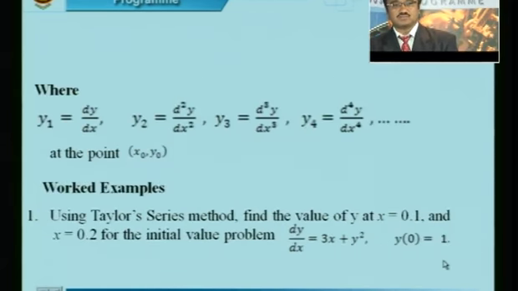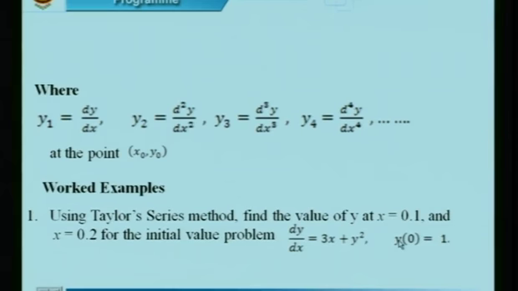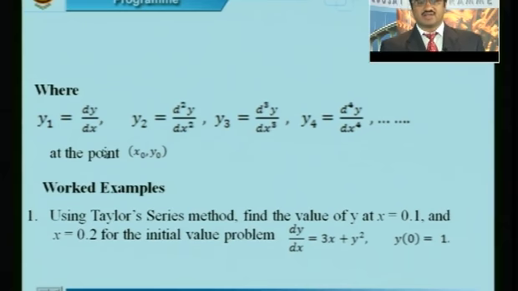Here y1, y2, y3 and y4 are all derivatives. y1 is the first order derivative, y2 is the second order derivative, y3 is the third order derivative and y4 is the fourth order, and so on, at the given point x naught comma y naught.